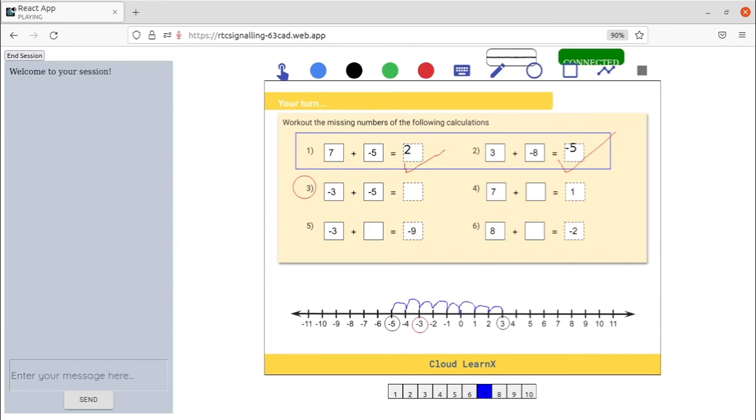Good. And what are we doing to -3? -3 has to go 5 steps to the positive side. Okay, and why 5 steps to the positive side?